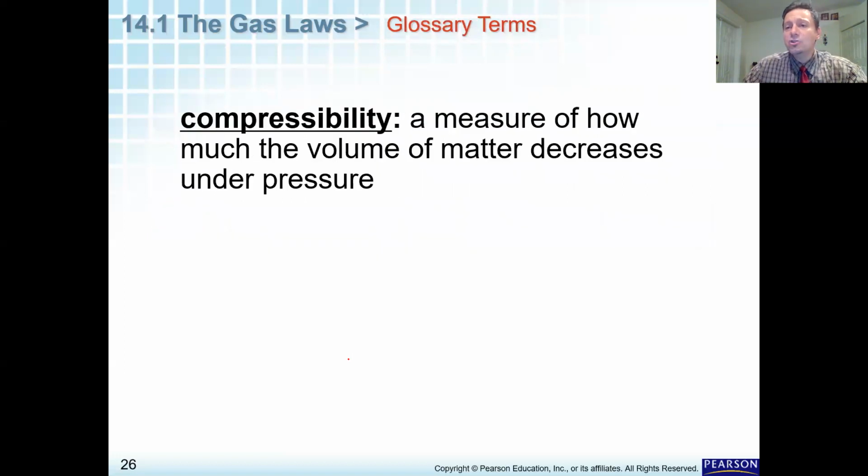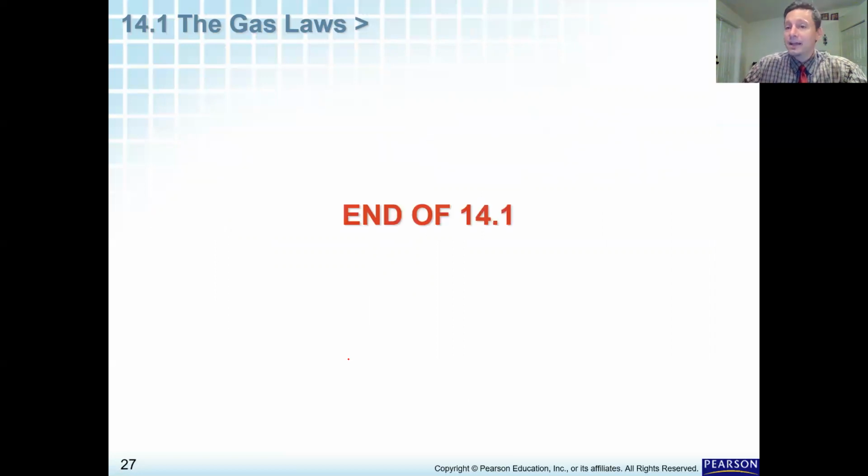We had one key term, compressibility, the measure of how much the volume of matter decreases under pressure. That is very important when it comes to gas. Lots of space between the particles so they can be compressed. And that is the end of 14.1.